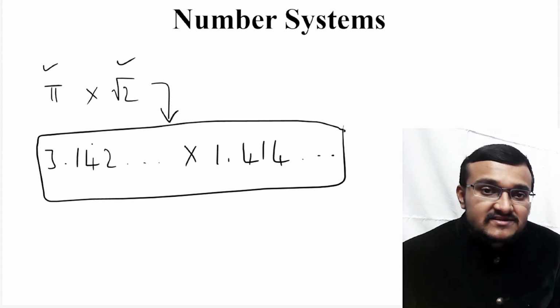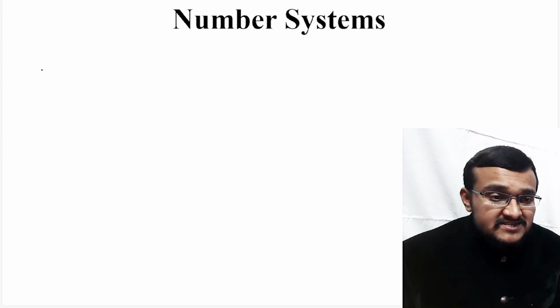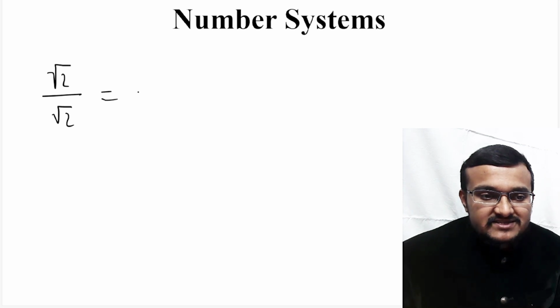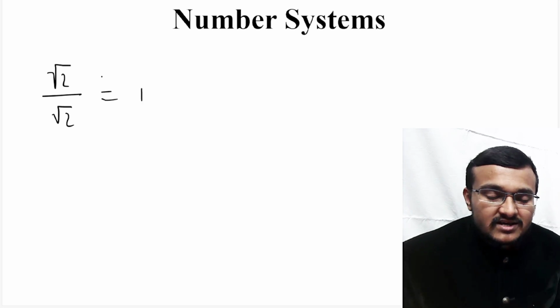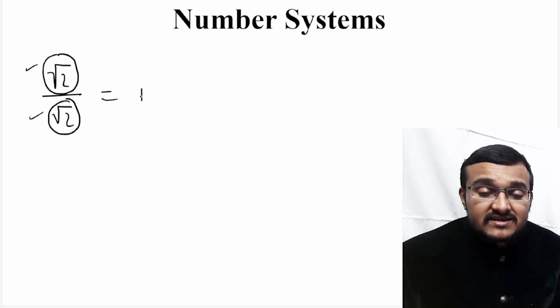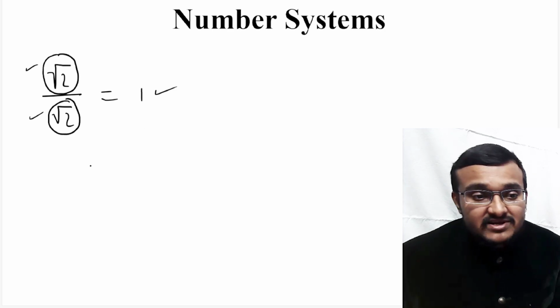Now if I consider division, root 2 by root 2 gives you 1. That means if you divide an irrational number by another irrational number, you might get a rational number.